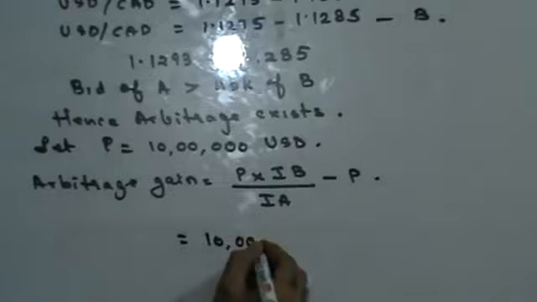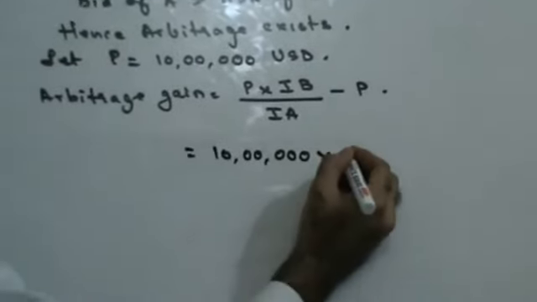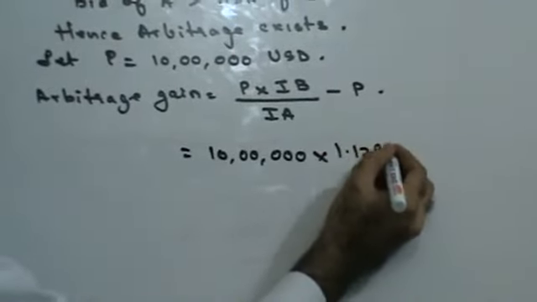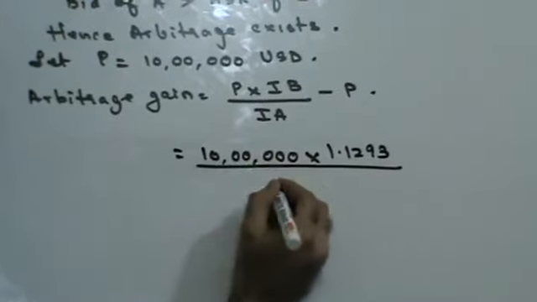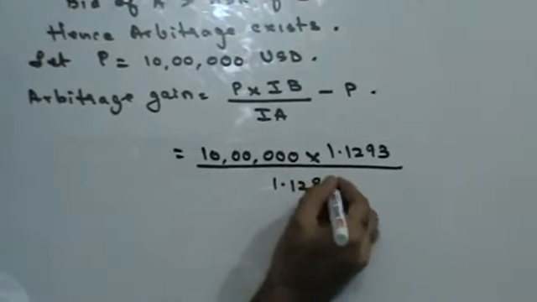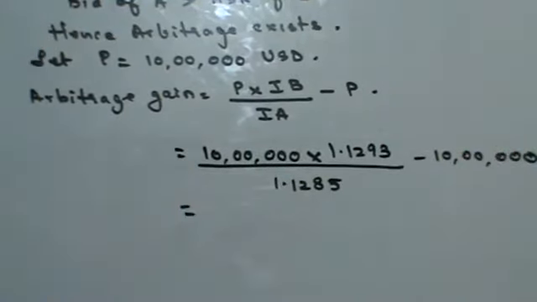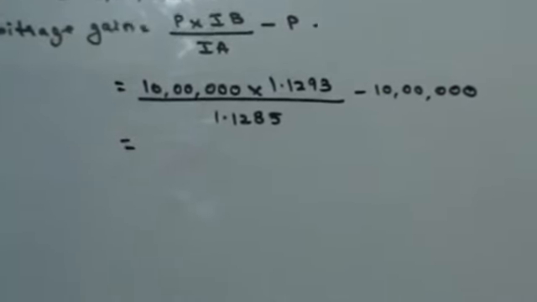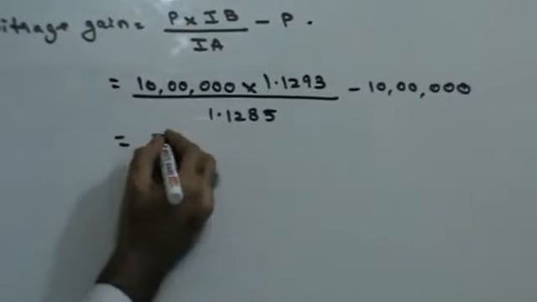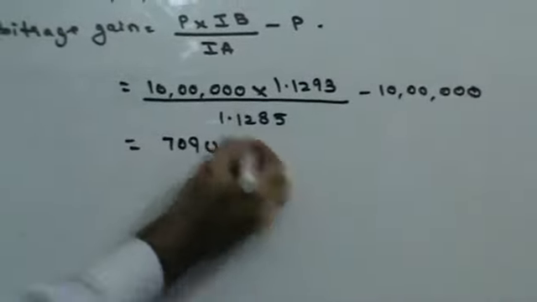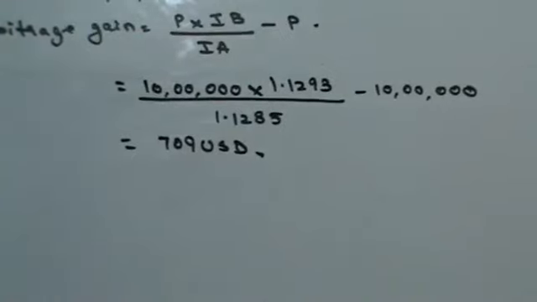So that's 1 million into identified bid 1.1293 upon identified ask 1.1285 minus principal. When you simplify this, you will get 709 US dollars. So your arbitrage gain is 709 US dollars.